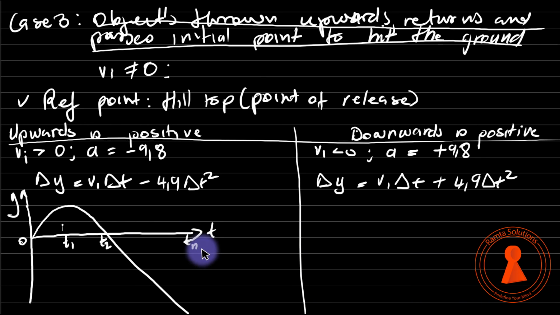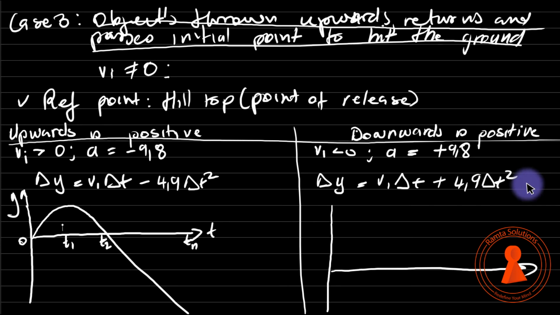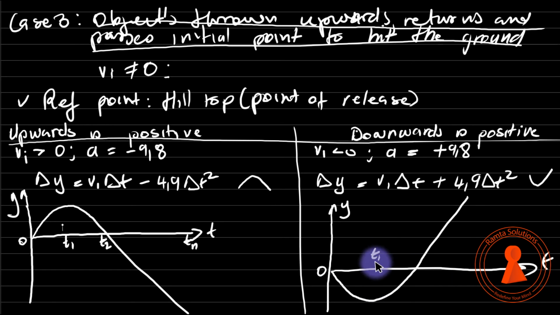Okay, all right. Now let's draw this one here. Remember, this graph is smiling while this one was frowning. Y-axis 0, t-axis. Remember this one? Again, time to reach maximum height, time to return to initial position, and time to, maybe let me call it F, and time to hit the ground.